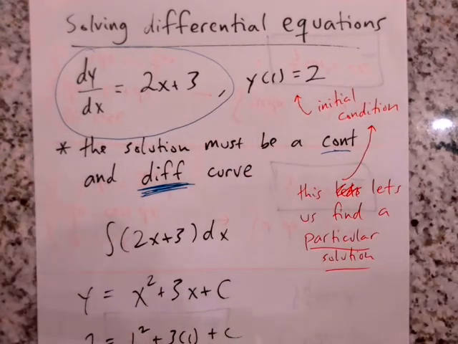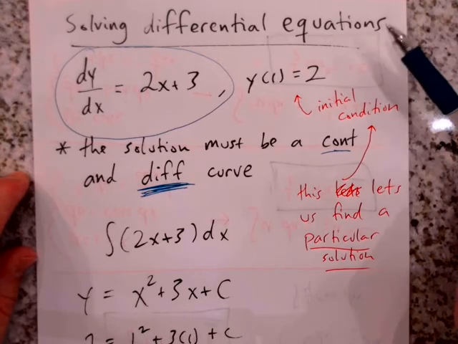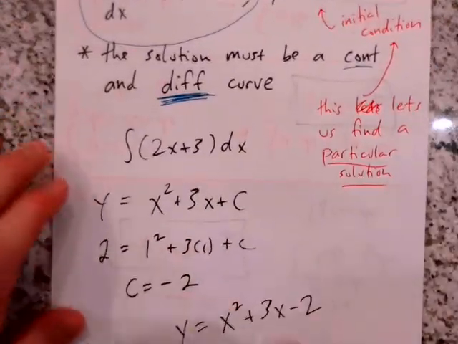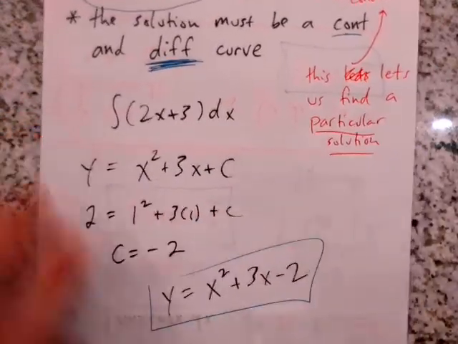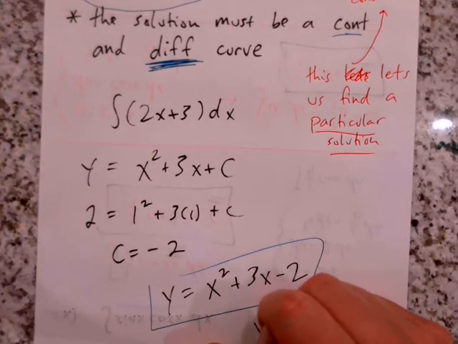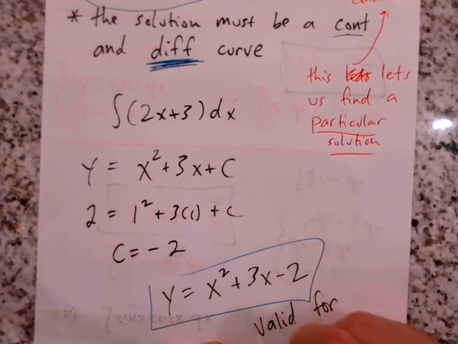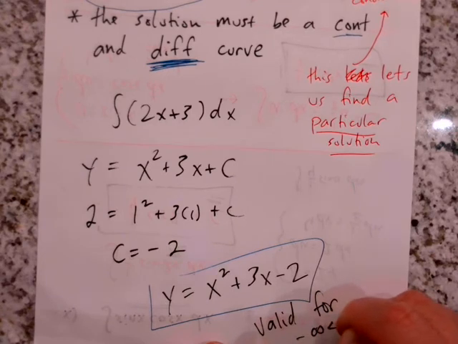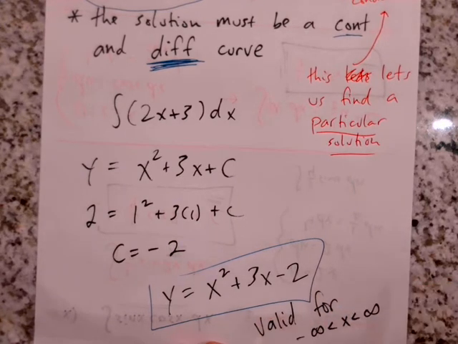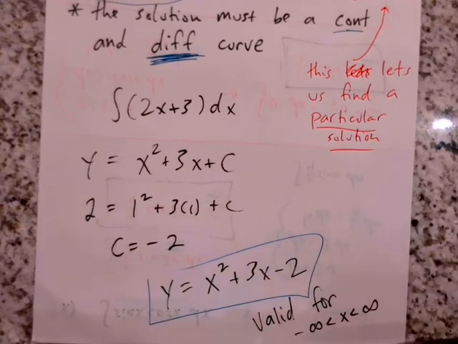Linear expressions have no continuity issues, which means we're good to go there. So this is valid for all real numbers from negative infinity to infinity. Because for the entire real number line, our function is continuous and differentiable, so there's no issues.